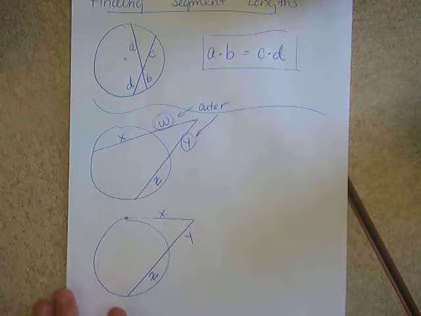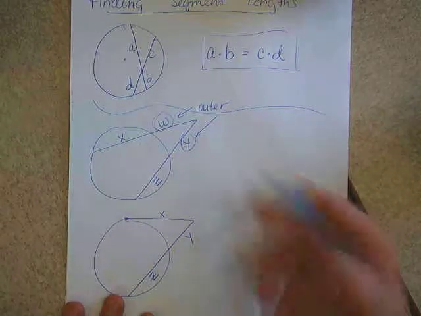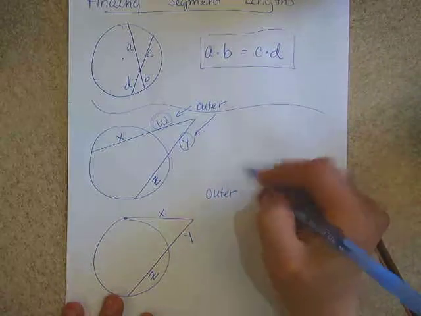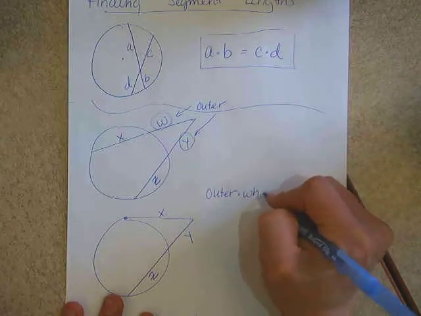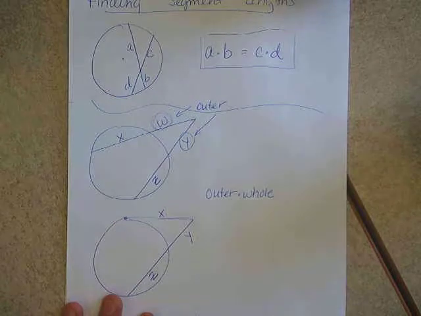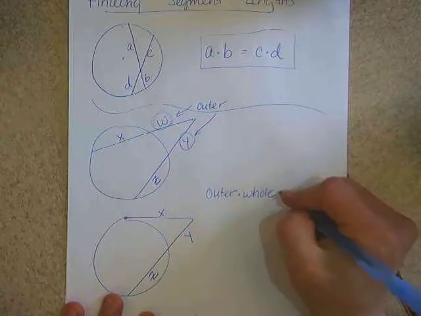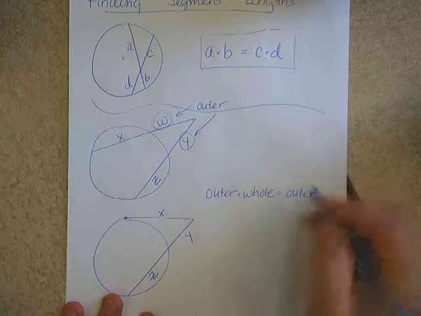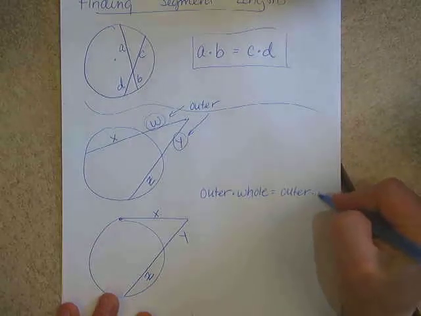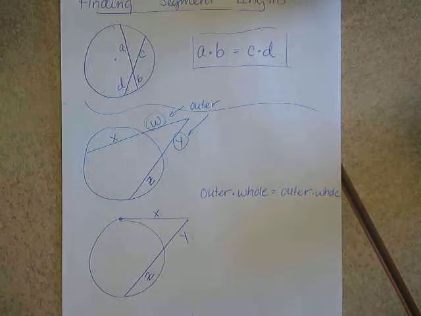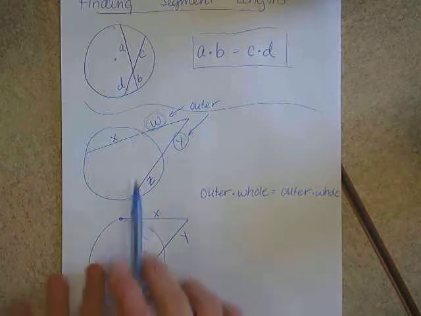The reason I'm having you identify them, same thing here, these are outer. Because the big idea is if you multiply the outer piece by its whole segment on one side, it should be equal to the outer piece times its whole segment on the other side.